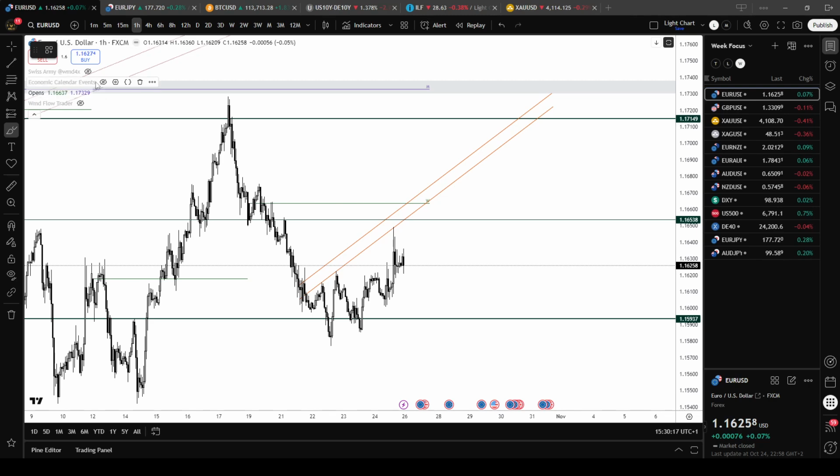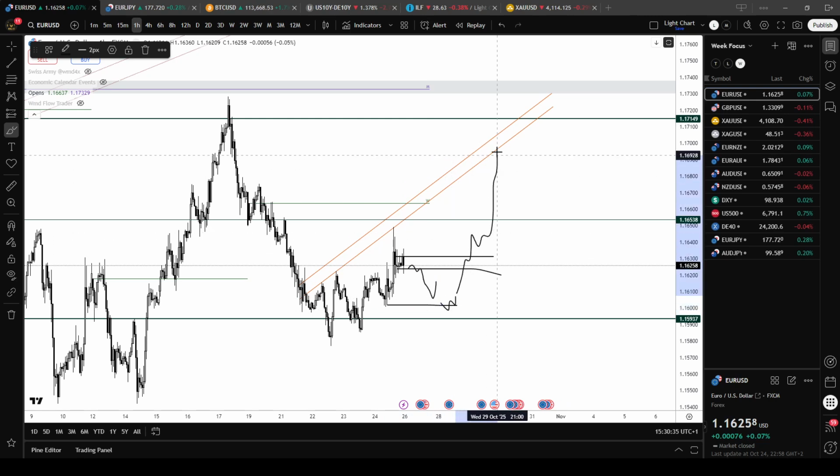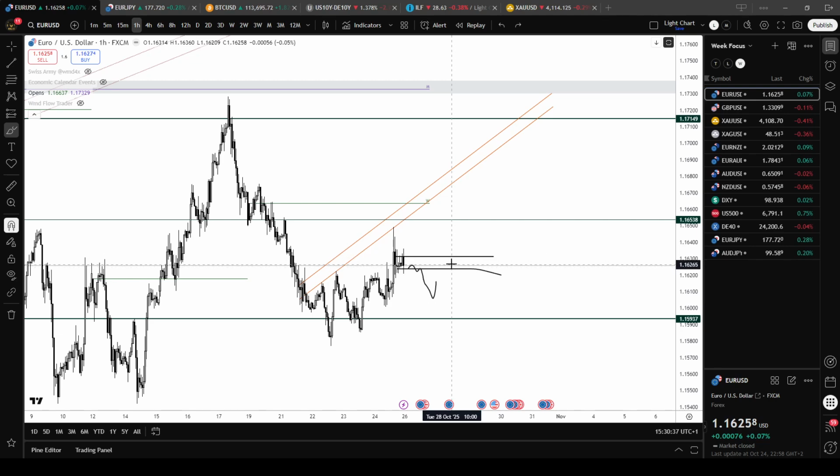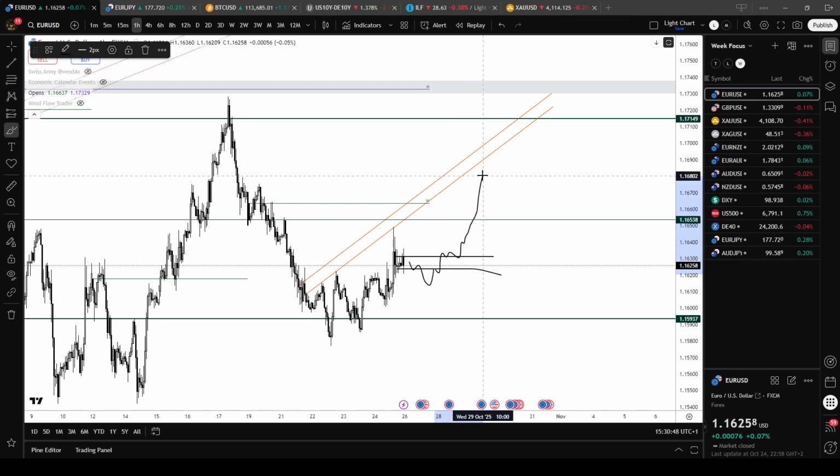I'm essentially waiting for a new weekly open, and price to make a low like this, and if I see a sweep of these lows close above, then I will be entering a long position, expecting a move up. And if it's just a very shallow pullback and reclaim of the weekly open, then I will be getting long as well.